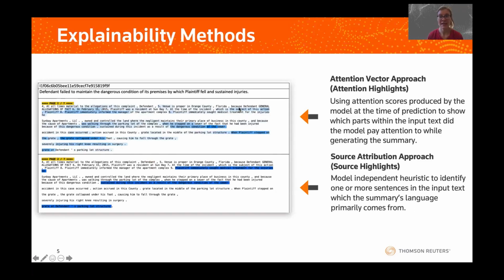We named this attention highlights. The second method was the source attribution approach, which is a model-independent heuristic to identify one or more sentences in the input text which the summary's language primarily comes from. So here, the text either had an influence on the summary or it didn't, which is why we have only one shade of blue, and we called this the source highlights.